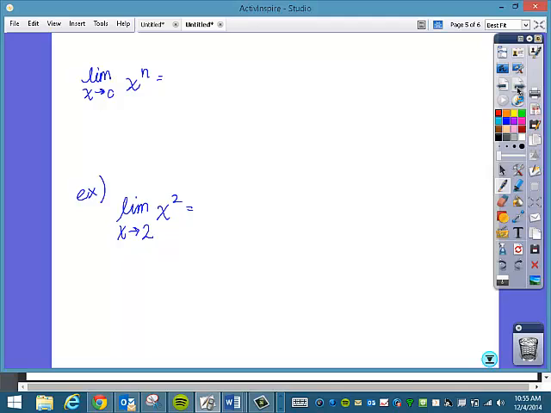All right, same thing. Limit as x approaches c of x to the n, you're going to plug c in for x. So this is just c to the n. So on this example, you're just going to plug 2 in for x. So this would just be 2 squared, which is 4.